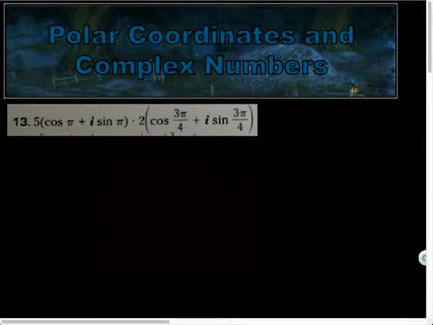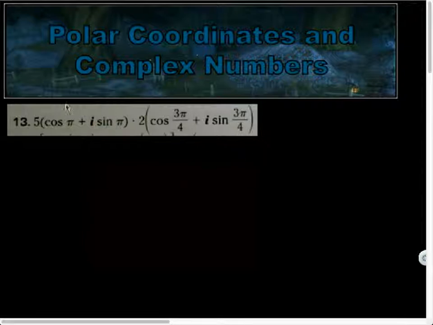Greetings and welcome. Last night we were doing our homework on page 596-ish, and we were talking about products and quotients of complex numbers in polar form.